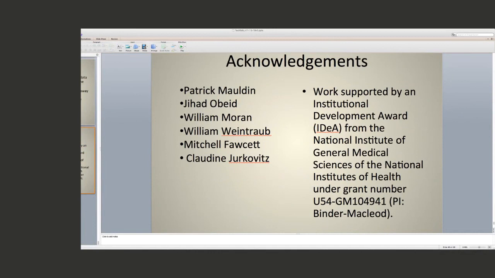We use REDCap for collecting the questionnaire data, and then had it flow into an OMOP data model that was using the Hadoop distributed file system to manage the data. So the idea there is you can then grow.